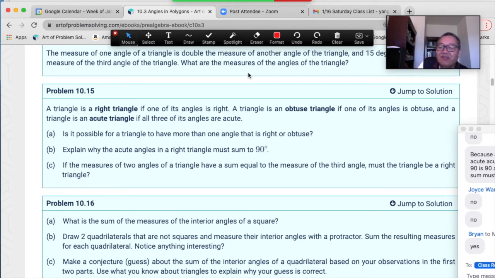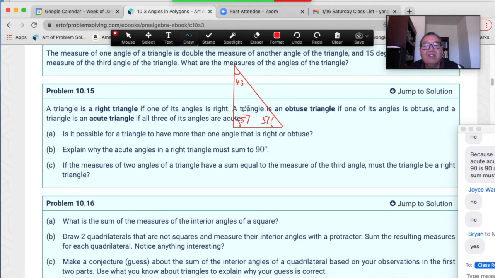I don't think so, because suppose you have one angle that is 43 degrees and another angle that is 57 degrees, and if you add those up, the sum is 100.